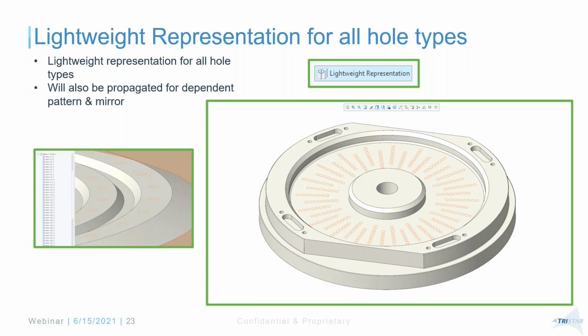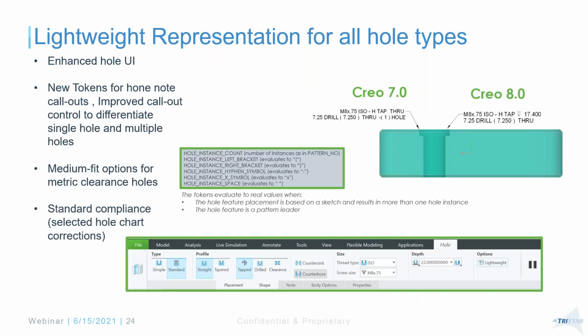It's good, but the caveat is it affects your mass properties, and the mass is heavier than it has to be because you're not removing the material. So it's a good way of helping with large assembly performance where you may have a part with several hole patterns. It used to be supported for certain hole types, but now all hole types, including standard holes, can be made lightweight, either using the model tree or in the dashboard, right? So there's a couple of nice options there.